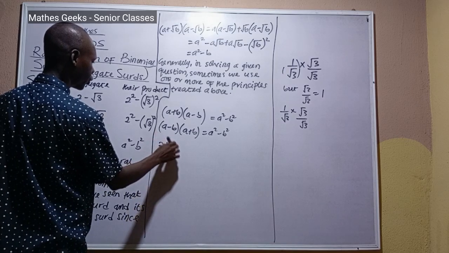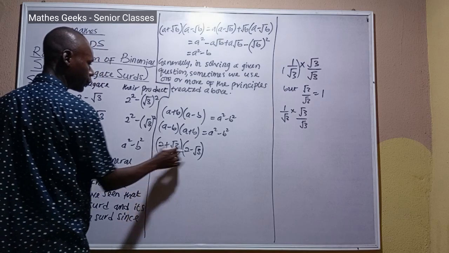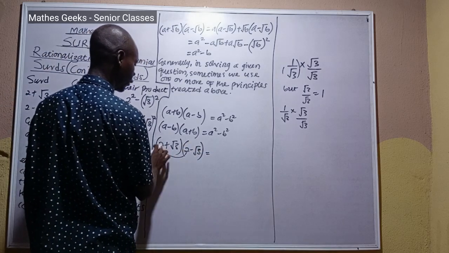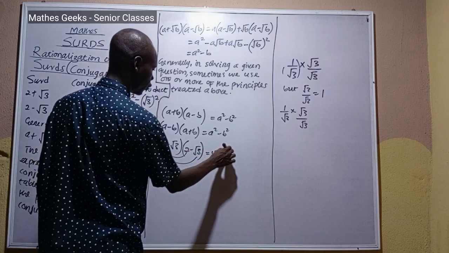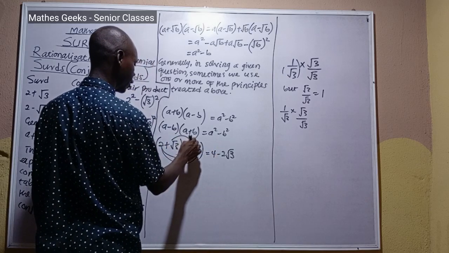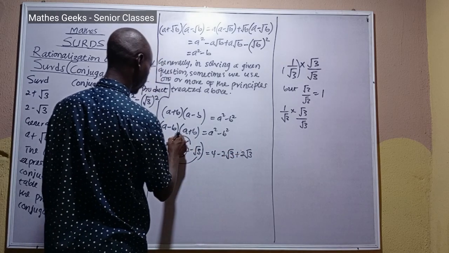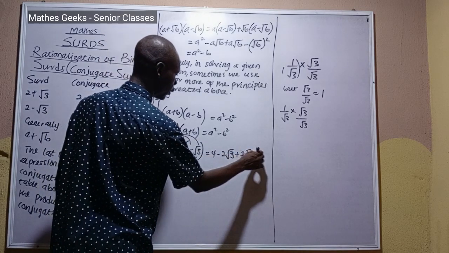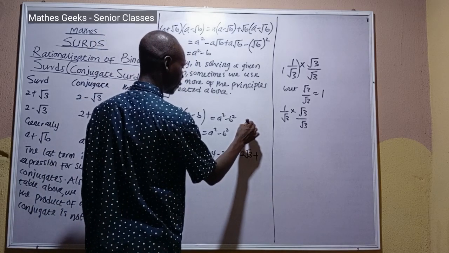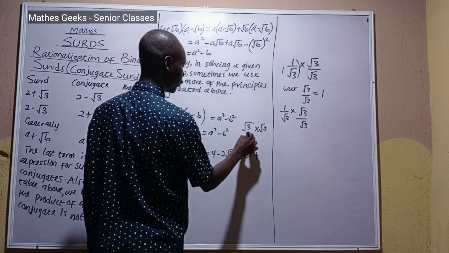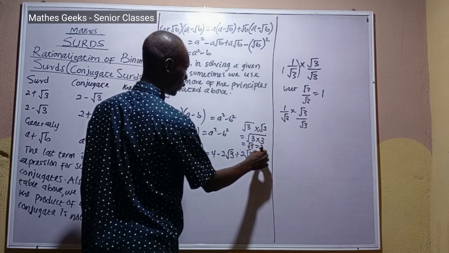So let's see, 2 plus root 3 and 2 minus root 3. If you multiply this together, this will give us 4. And then 2 times minus root 3 gives us minus 2 root 3. And then root 3 times 2 will give us plus 2 root 3. And then root 3 times root 3 gives us root 9, and the square root of 9 is 3, so you'll get plus 3.